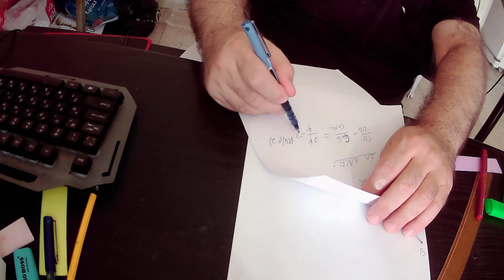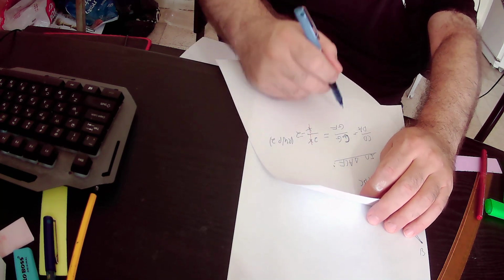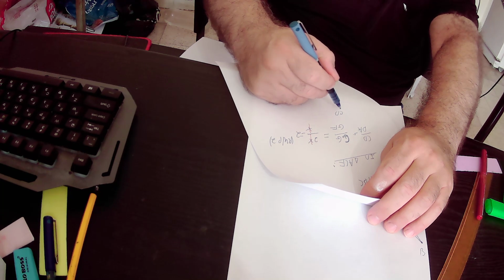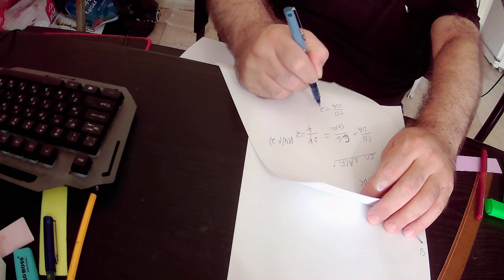So we actually got that CD over DA equals 2.